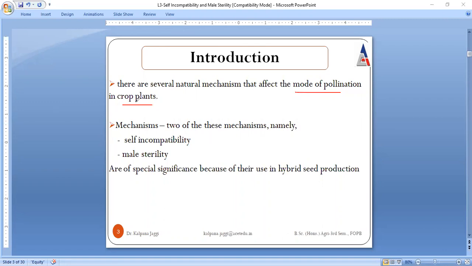But out of all those factors, we are going to study in detail self-incompatibility and male sterility. These two are natural mechanisms that affect the mode of pollination. We are going to study only these two among many methods, because they are significant as they are utilized in hybrid seed production.